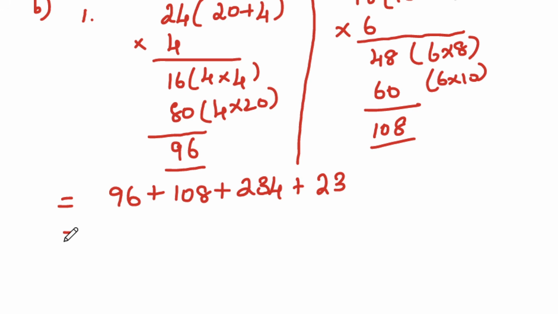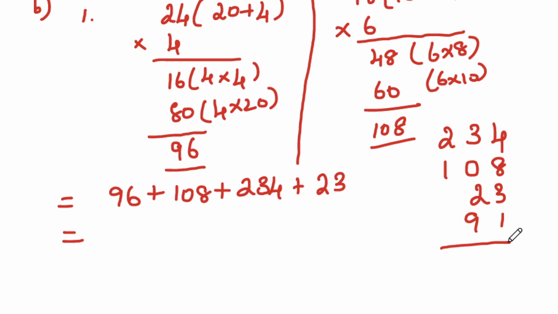So everything together, you can put 234, 108, 23, 91. Okay. So 3 plus 1 is 4, 4 plus 4 is 8, 8 plus 8 is 16.